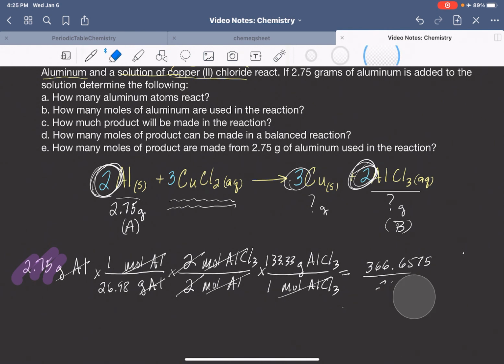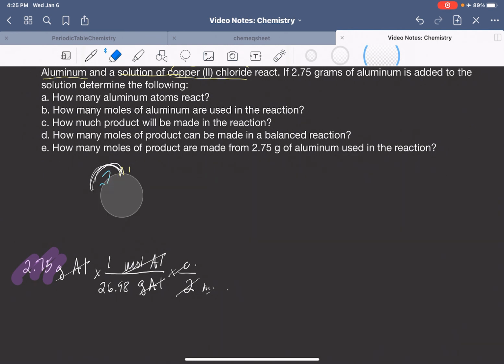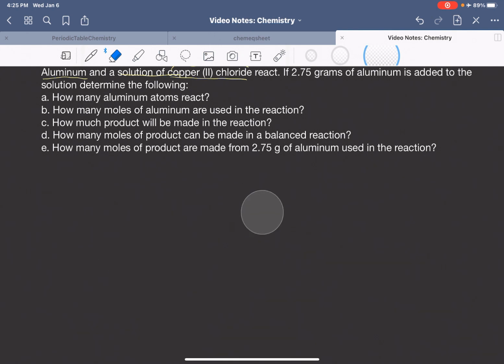All right, let's erase all this right here. This is messy. I'm going to clean this up and kind of start fresh again. So that was C. D: How many moles of product can be made in a balanced reaction? Let me put the reaction back up here.